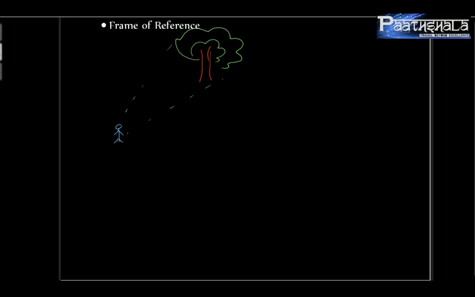Let us say you are another observer who is actually running in the forward direction with some velocity 5 meters per second. So this observer will also see the tree, correct? But for this observer, the tree will be going back with a velocity of 5 meters per second. Is it not correct?